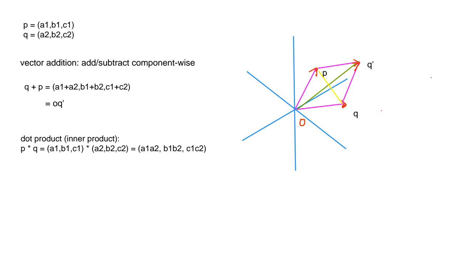How do I write a vector differently? We can write a vector as a1i plus b1j plus c1k, because in Euclidean space we have x, y, z.